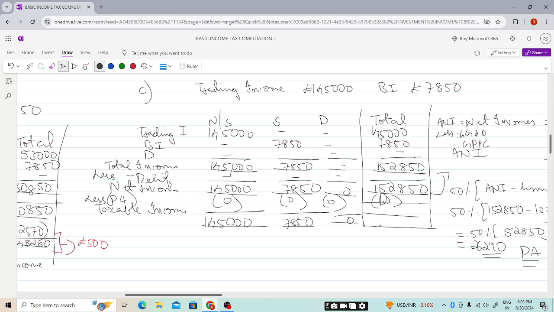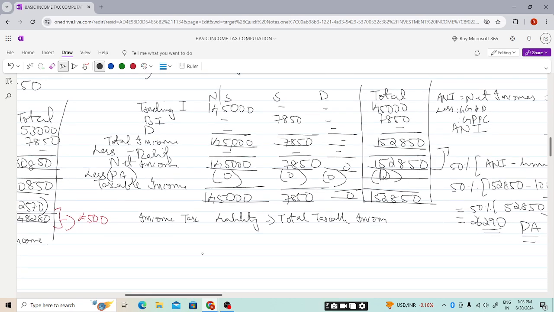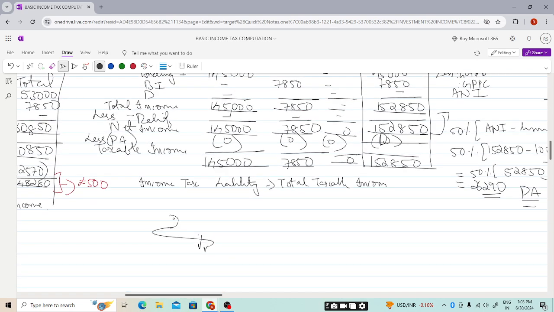So our total taxable income will be 152,850. Now we need to calculate the income tax liability. Income tax liability is calculated on total taxable income. Done with this, students. So now we will be doing further the total.